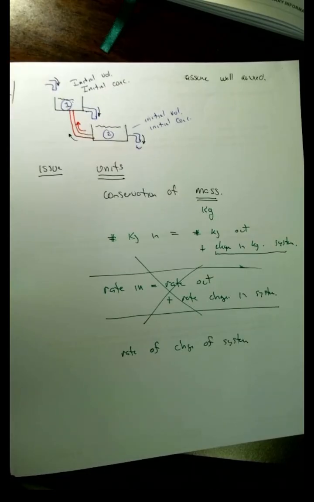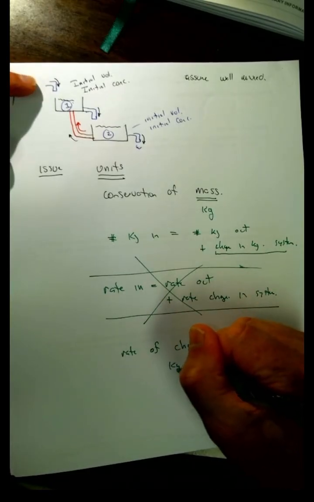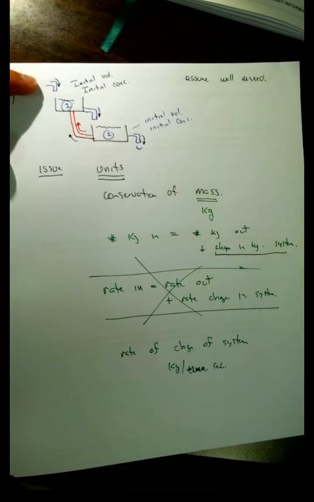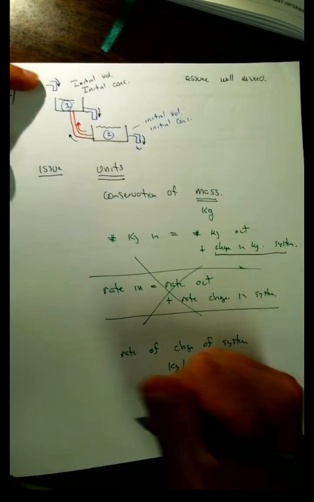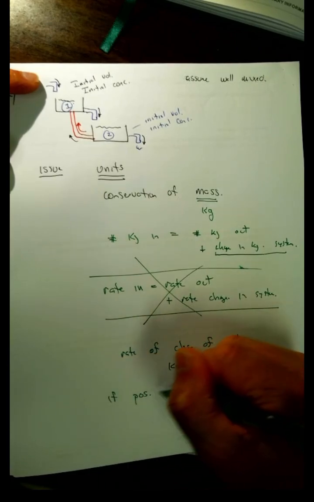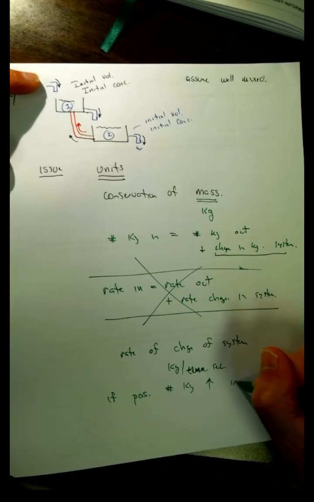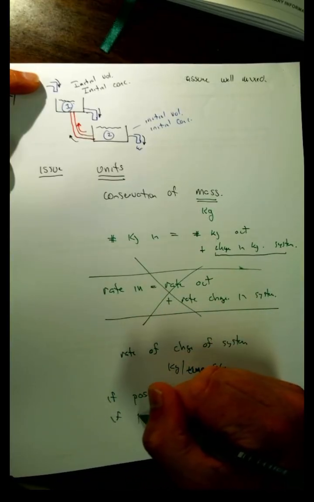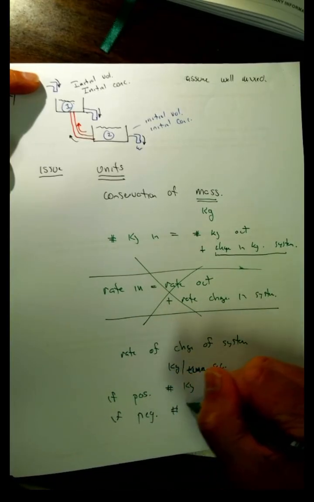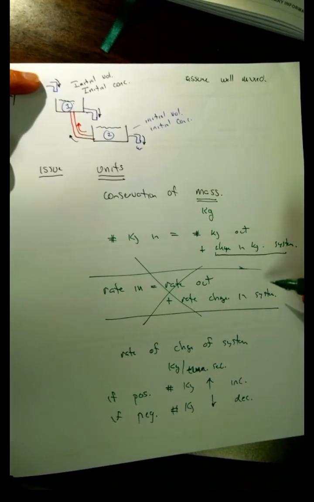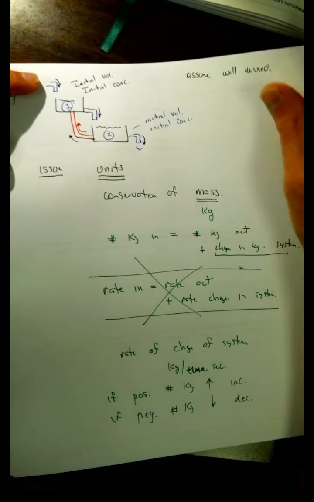When we talk about the rate of change of the system, we're talking about kilograms per time. Let's just call it kilograms per second for now. If it's positive, the kilograms in the system is going to be increasing. And if it's negative, the number of kilograms in the system is going to be decreasing. So what we wrote here is actually problematic. So let's back up a second and be a little more careful.